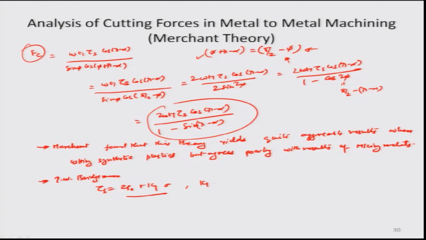Let us just write this down. K1 is a constant and sigma is the normal stress acting on the shear plane.